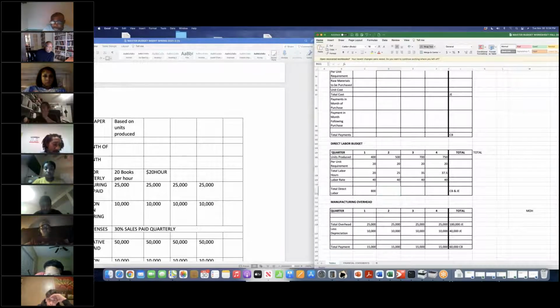Is that about 1,000? If you work 25 hours at $40 an hour, how much money do you get? It's 1,000. And in this next scenario, where they're working 35 hours, how much we gonna pay them? 1,400.